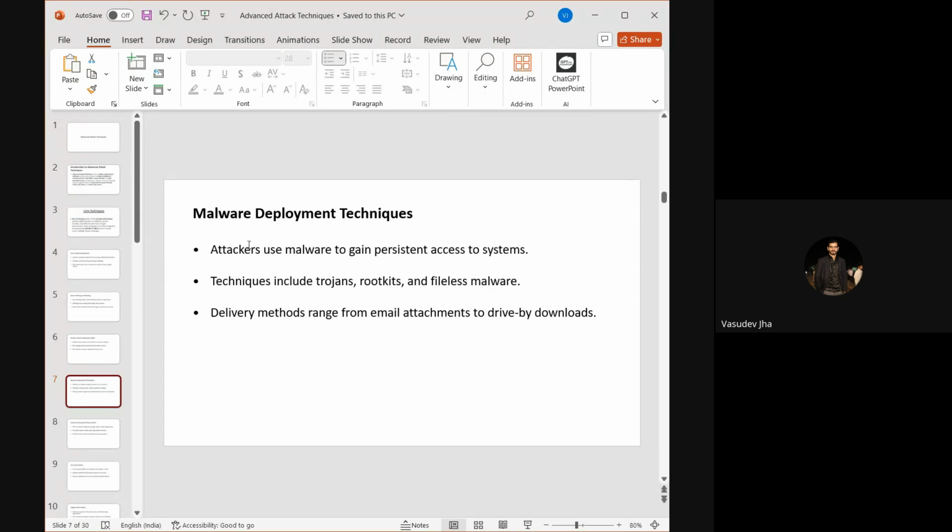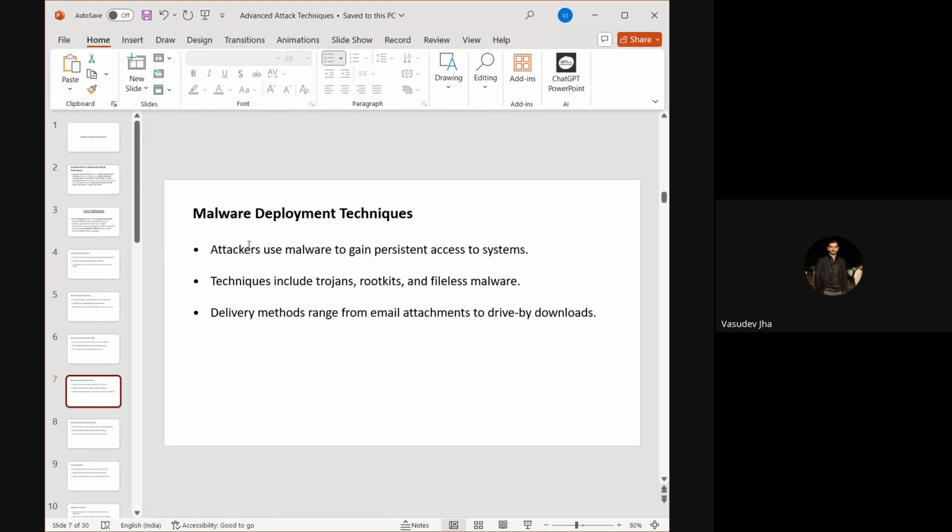So in malware deployment also, usually we can see, for example, take the example of a Trojan. Your Trojan can bypass all the security mechanisms, but there may be some hint, or some log that indicates the risk.